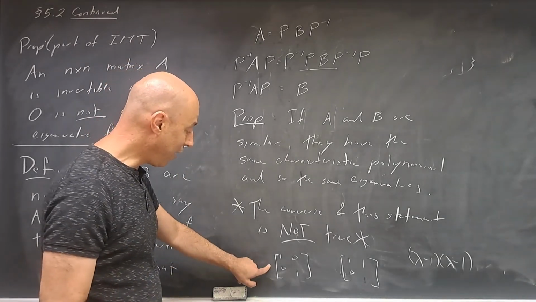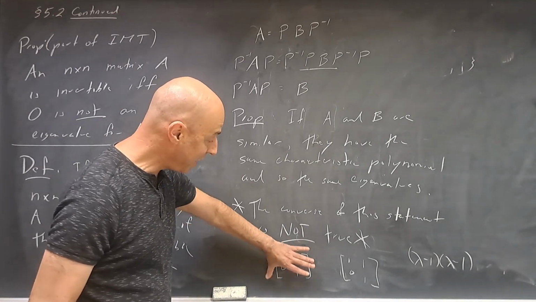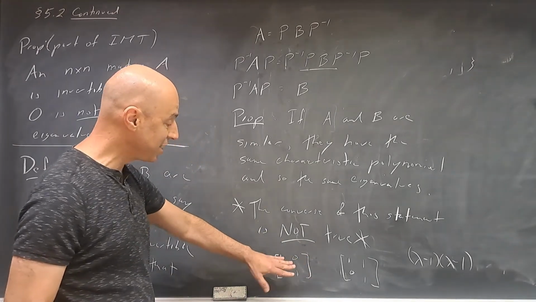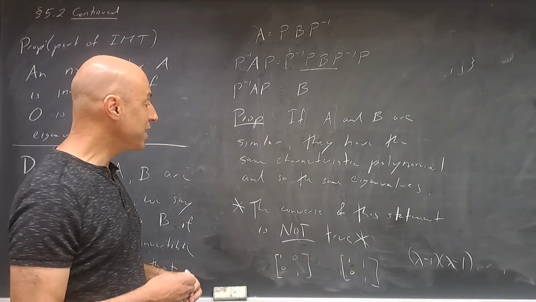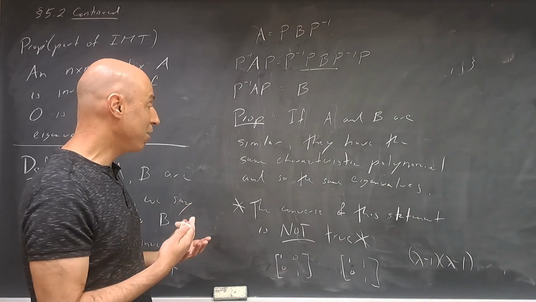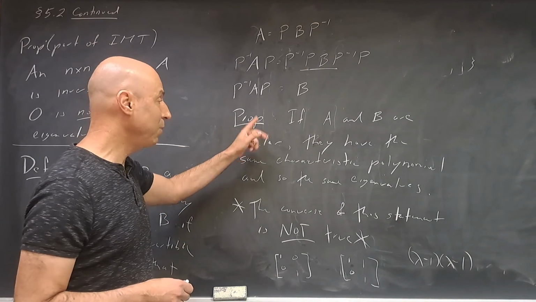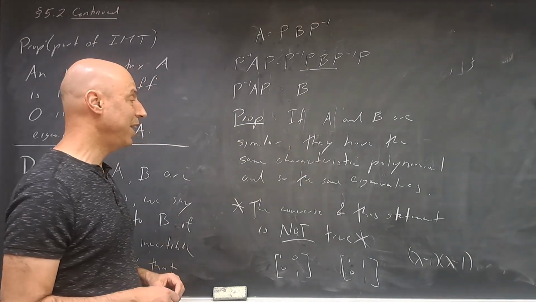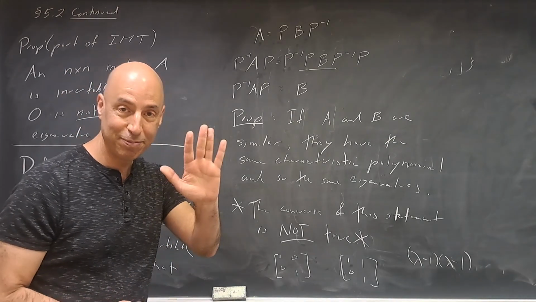If I put a matrix and its inverse on either side, well then I'm just going to get the identity. The only matrix that the identity is similar to is itself. And it's definitely not similar to that. So it's possible to have the same characteristic polynomial without being similar. But if they are similar, then this weaker statement that they have the same characteristic polynomial and the same eigenvalues, that's true. That's it.